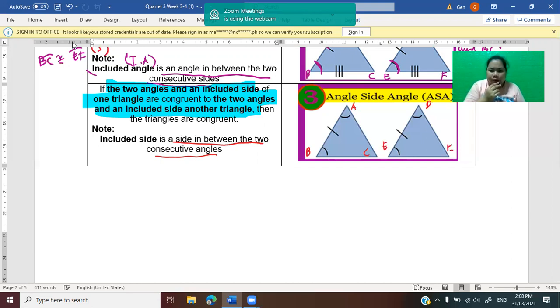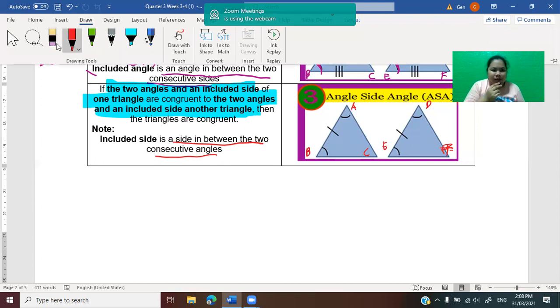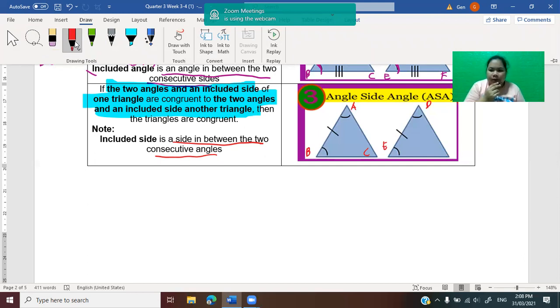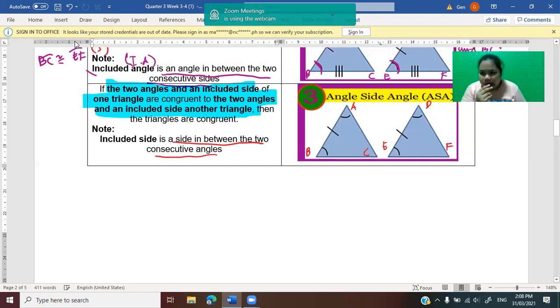Okay. Wait lang, burahin natin, pangit. Let me erase this one. So this is F. Okay. Now, tingnan muna natin sa included side. So, anong included side natin here?